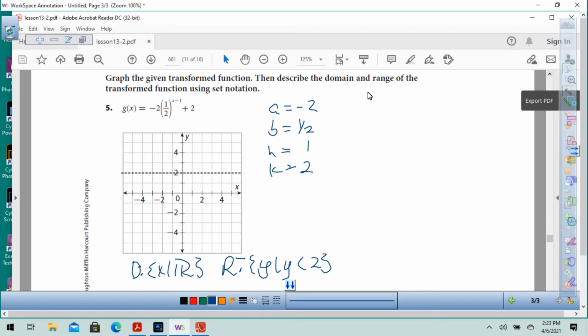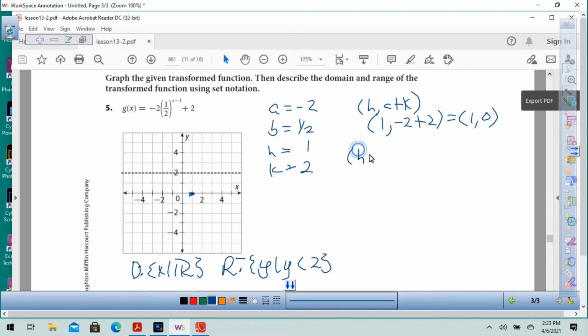And let's see, we've got the two reference points I gave you a minute ago, H, A plus K. So H is 1, A is negative 2, plus 2, and that's going to give you 1, 0. So 1, 0 is right there.